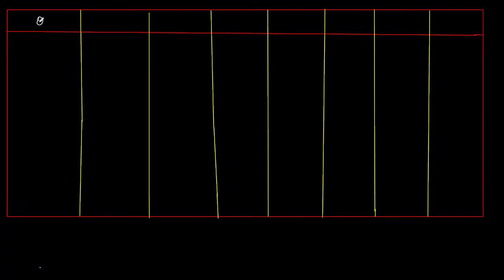This is theta, 90 minus theta, 90 plus theta, 180 minus theta, 180 plus theta, 360 minus theta, 270 minus theta, 270 plus theta, okay.